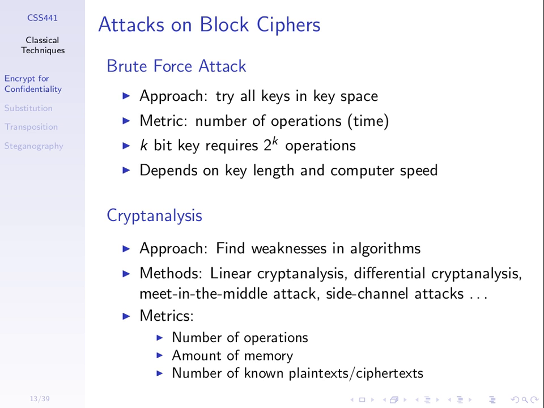If cipher A requires 2 to the power of 100 operations to defeat it, and cipher B requires 2 to the power of 90 operations to defeat it, then we'll say cipher A is better than cipher B. But there's no easy way to compare in some cases.